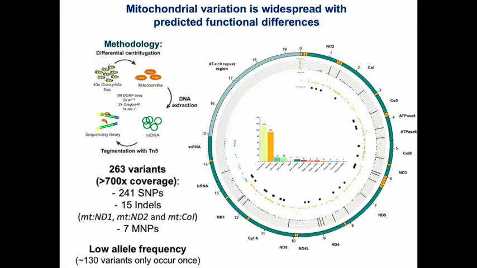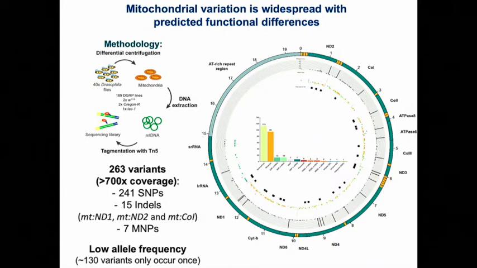Just to say that we disregarded this AT-rich repeat region, which is very hard to resolve, and we had an interesting discussion this afternoon on perhaps how we could improve this using better assembly methods. So please disregard this for now. We're not considering this here. But the rest of the mitochondrial genome still contains quite a lot of variants, 241, 15 indels, which affect those mitochondrial genes, and also multinucleotide polymorphisms.